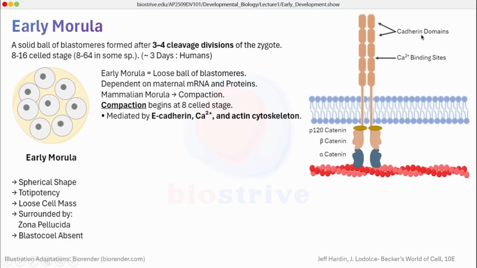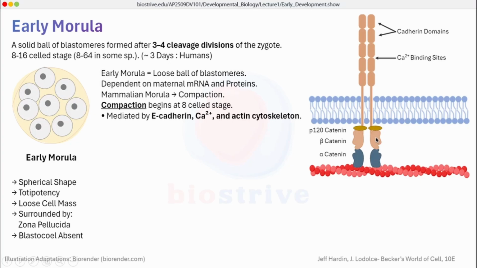As you can see in this diagram, this is the structure of the cell membrane of these cells, and they will start expressing these cadherin proteins. Now they have cadherin domains, and there is a specific calcium binding site because these are calcium dependent proteins.